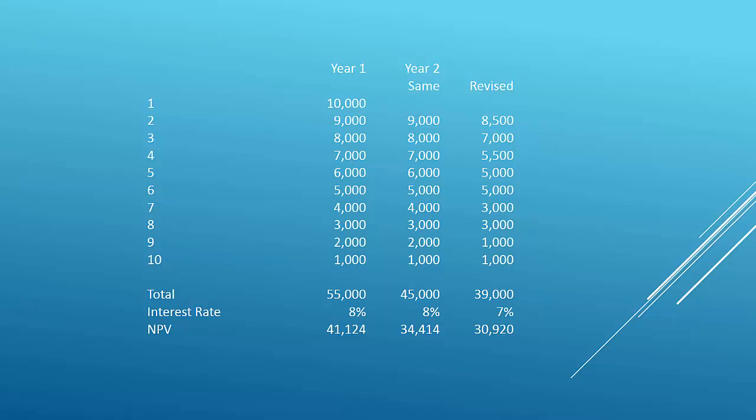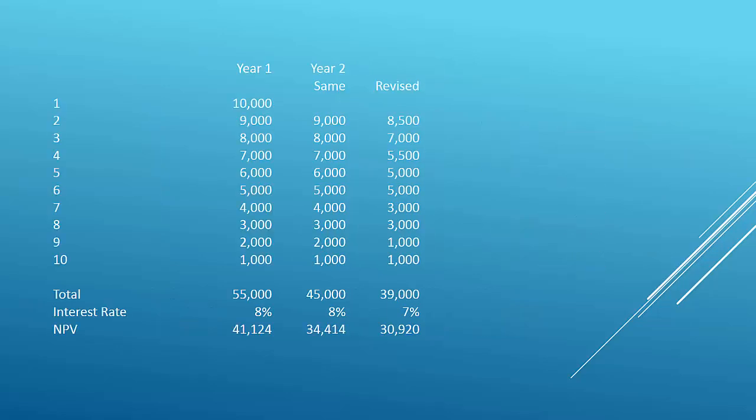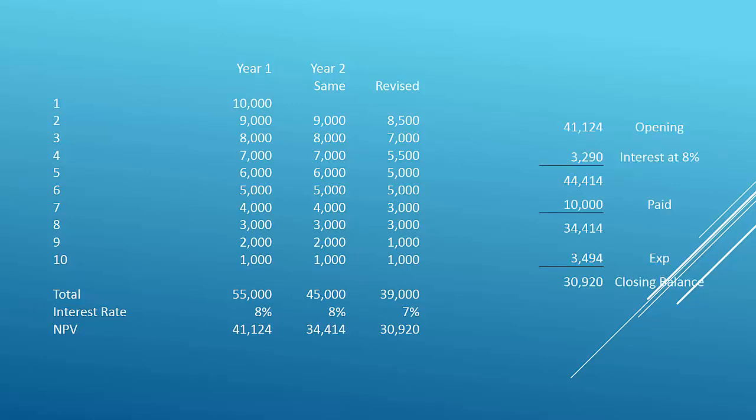Probably the best way of thinking about this is to understand the implications of the net present value calculation, and then to reflect upon how that impacts the accounting. Probably the best way of thinking about this is to think about how the numbers have changed.